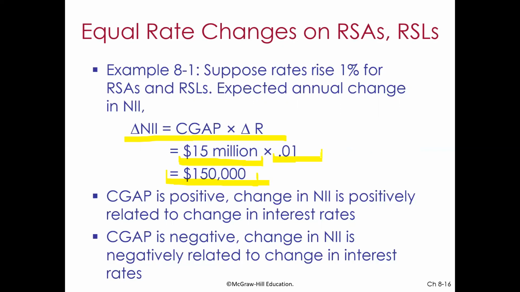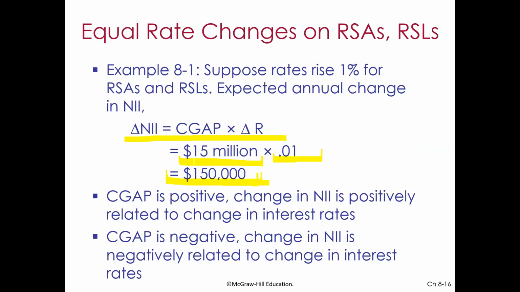However, since assets are higher than the liabilities, the revenue will go up more than the expenses. So incremental interest income will be higher than incremental interest expense. As a result, net interest income will go up.